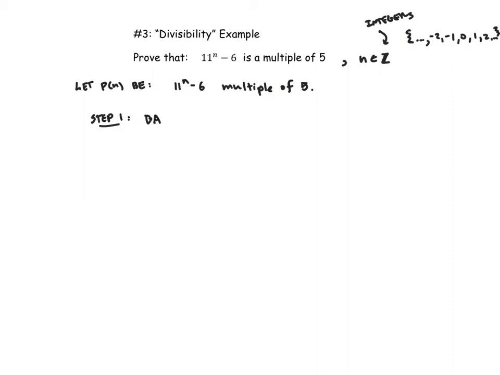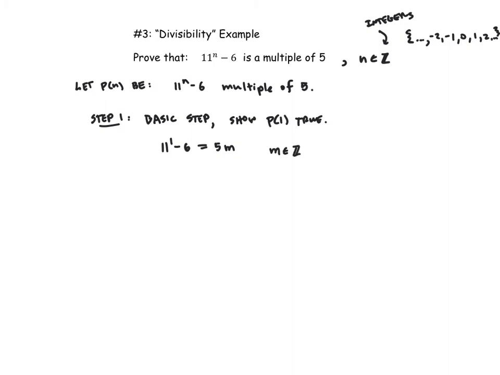All right, so step 1, again, our basic step. I'm going to show P of 1 is true. All right, so 11 to the first minus 6 is equal to 5 times m, where m is in the integers.